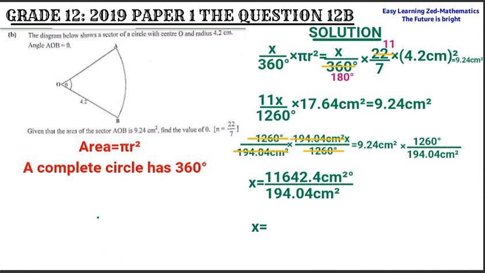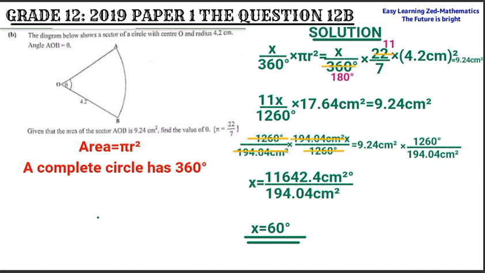When I divide 11,642.4 centimeter squared degree by 194.04 centimeter squared, it will give us 60 degrees. So 60 degrees is the value of x. That is the final answer, and that is the correct answer.